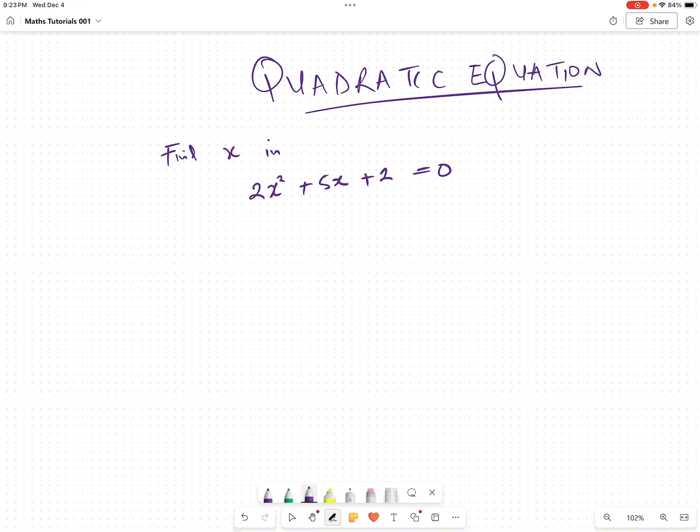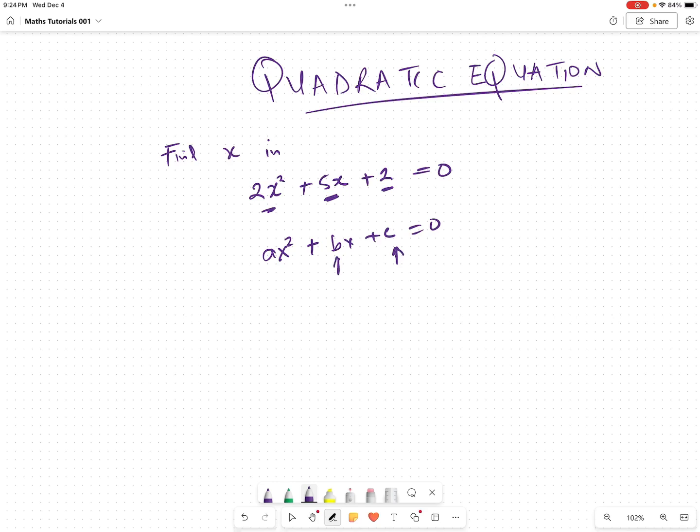To solve it, we have this middle term, this constant and this coefficient of x squared. If you are to use the almighty formula, which is the quadratic formula, you just have to understand that any quadratic equation could be arranged such that you have ax squared plus bx plus c equal to 0.